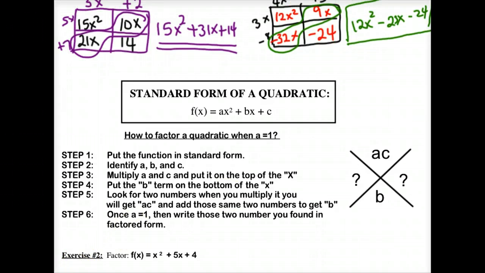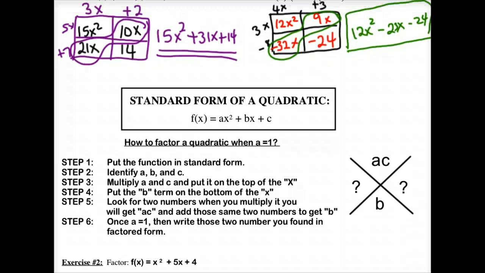We're going to talk about how do we factor a quadratic when a is equal to 1. Most of you remember this from Algebra 1. So whenever a is equal to 1, there's a few things that we need to do. First, we need to make sure it's in standard form. Standard form meaning f of x or y is equal to ax squared plus bx plus c. Then I want to identify what's my a, b, and c.